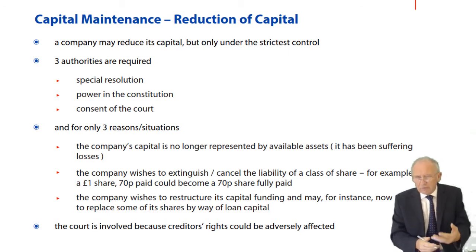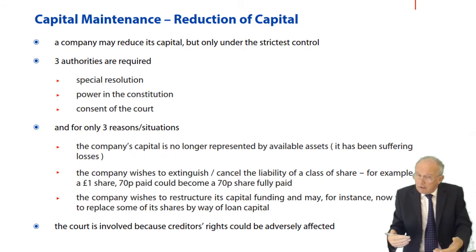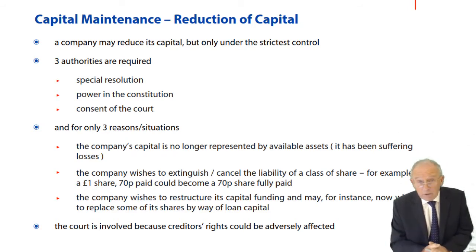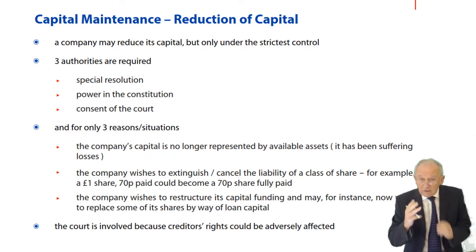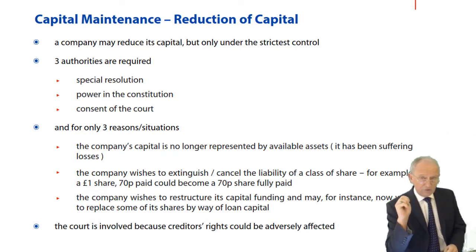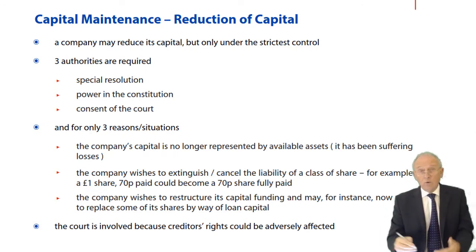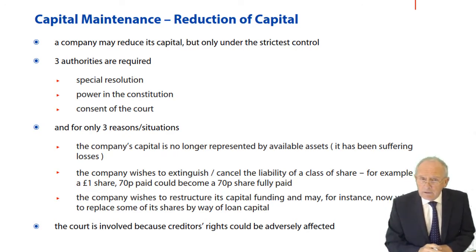So the court has to be satisfied that the payables, that the creditors are going to be protected and will be paid in full. Now we need these three authorities: special resolution, power in the Constitution, and court authority. And the Act then goes on and says, these are ways in which we can reduce capital.